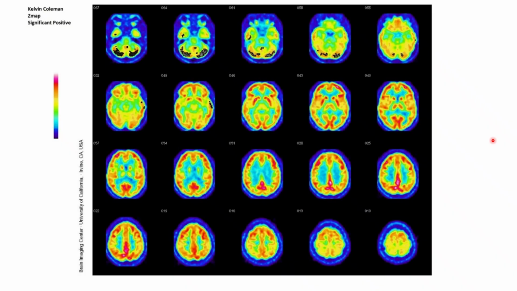And then it pulls that data and does statistical comparisons to look at the metabolic activity of Mr. Coleman compared to other patients of the same sex and age.